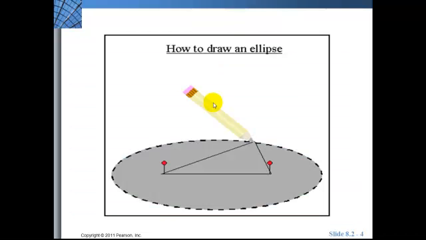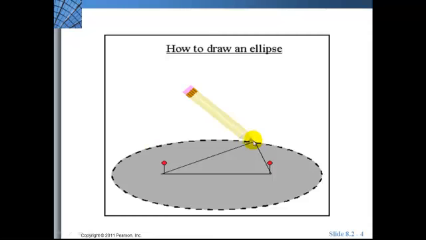Let's start with the definition of an ellipse. How to draw an ellipse. If we take two push pins and put them in a piece of paper, and a piece of string in a loop through those push pins, and a pencil going through that string, that pencil, when it goes around the foci, will draw an ellipse.